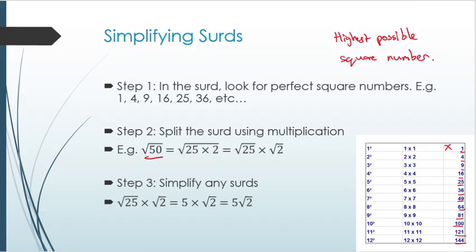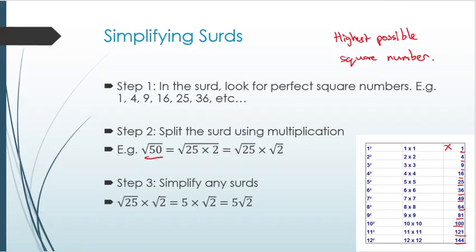Because in some scenarios, you might get a number where you think 4 works, which it definitely does. But what about 16? 16 could also work as well. And I'll show you later on what I mean. But for now, just make sure you're looking for the highest possible square number when you are trying to break it down into its factors.